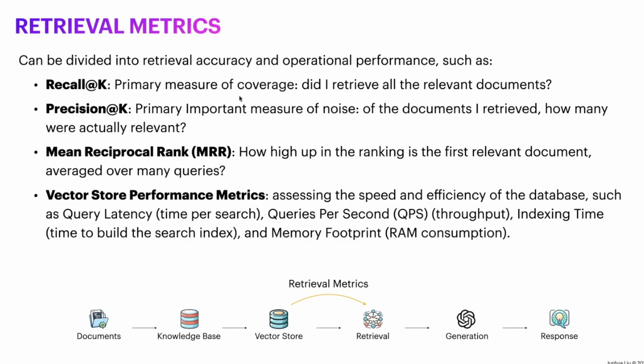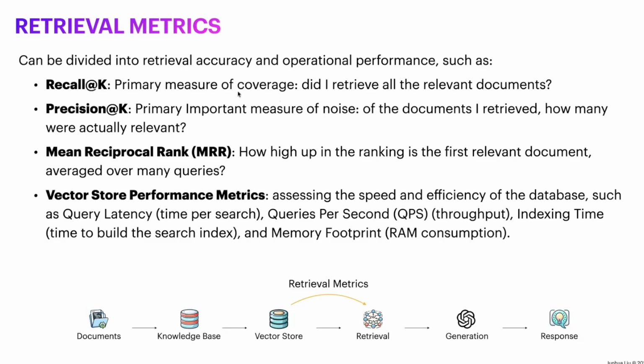Recall at K essentially measures the coverage of the retrieval. That means whether the LLM, the models, or the algorithms retrieve all the relevant documents or all the relevant information from the knowledge base.